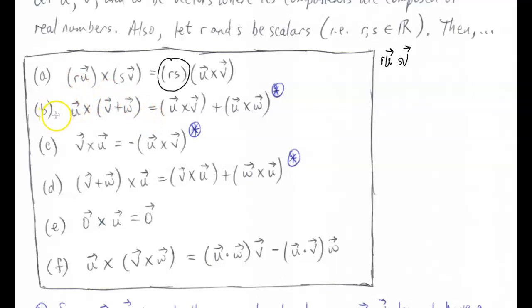Property b is just basically showing you that the cross product is able to be distributed over vector addition coming from the left. Property d is showing you the same thing as property b is, but you're coming from the right.